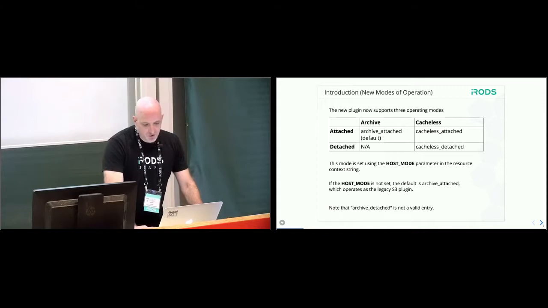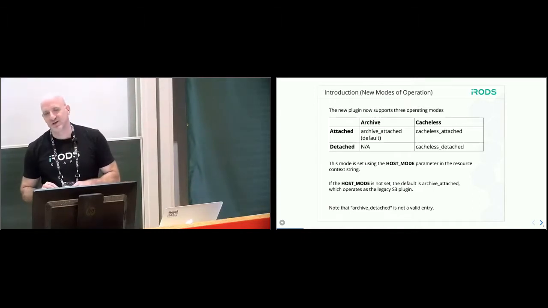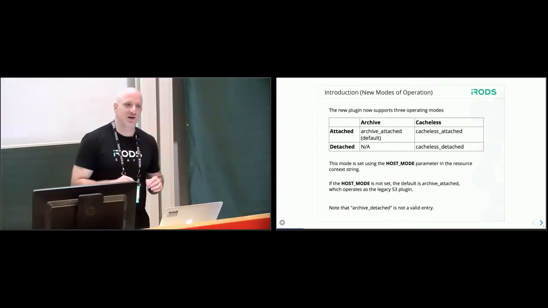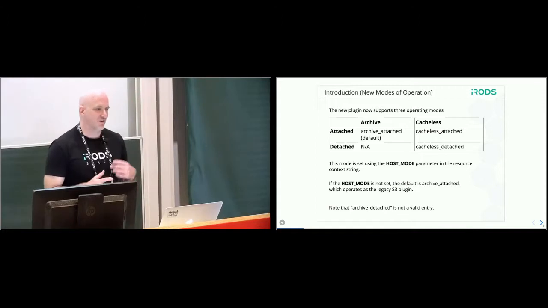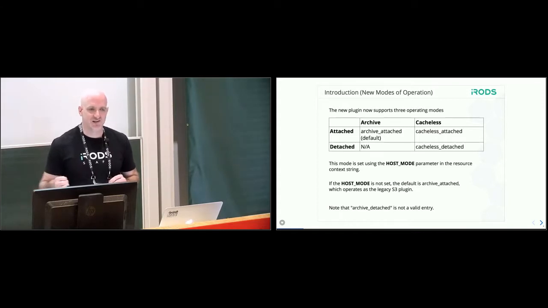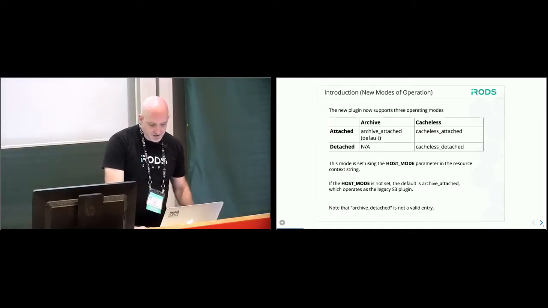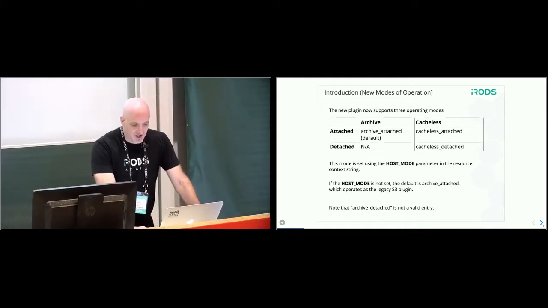Okay, so the new Cacheless S3 has 3 modes of operation. First off, I want to say this is a new mode to the existing plugin. We decided architecturally not to create a brand new plugin for this. We just added a cacheless mode to the existing plugin. So it has 3 different operating modes: archive attached, cacheless attached, and cacheless detached.